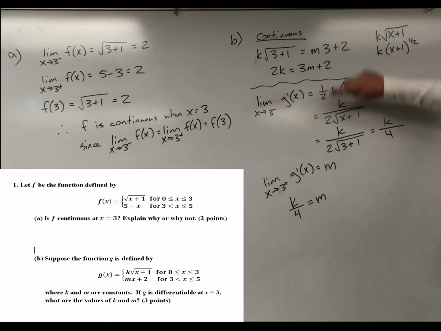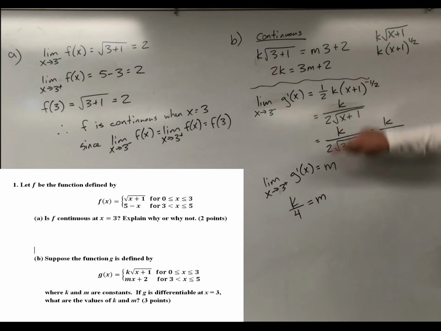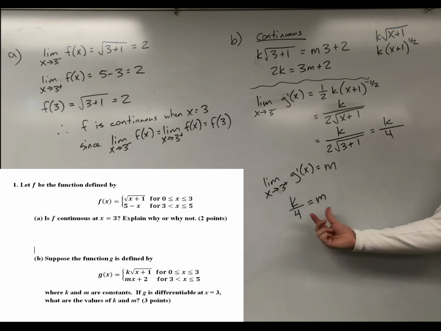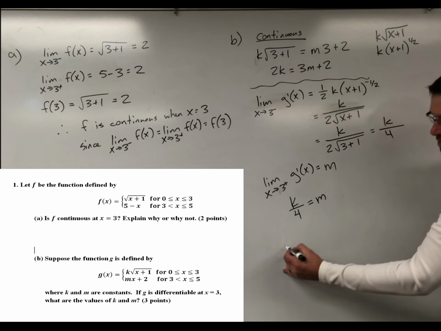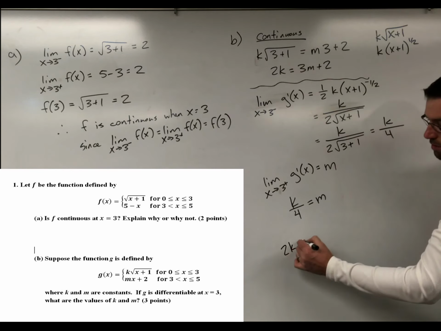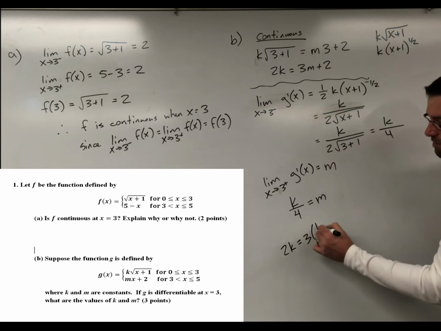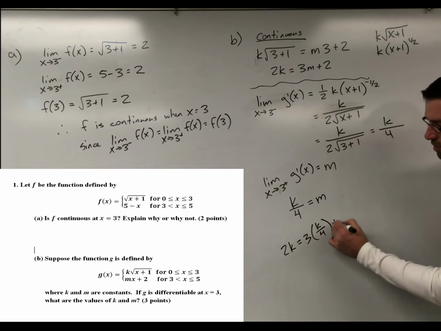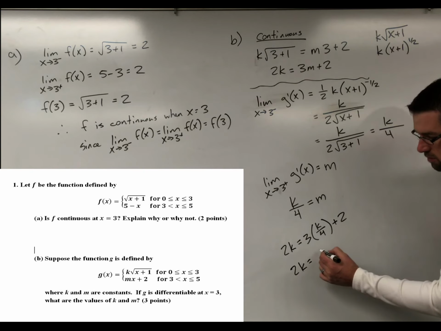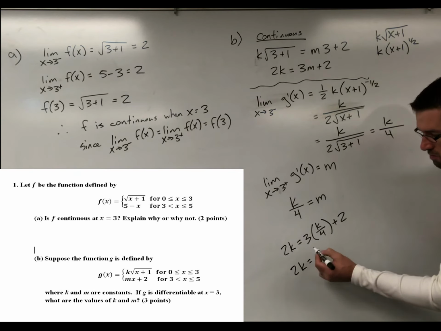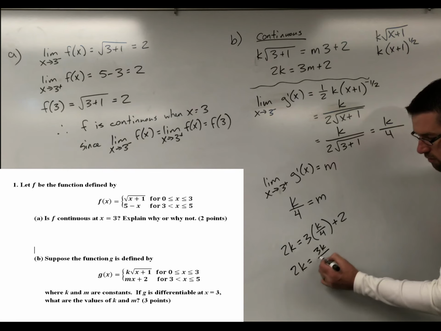Now we're going to take these two equations and put them together. Since this is equal to m, what's this going to say up here? 3 times k over 4 plus 2. So 2k equals 3k over 4 plus 2.